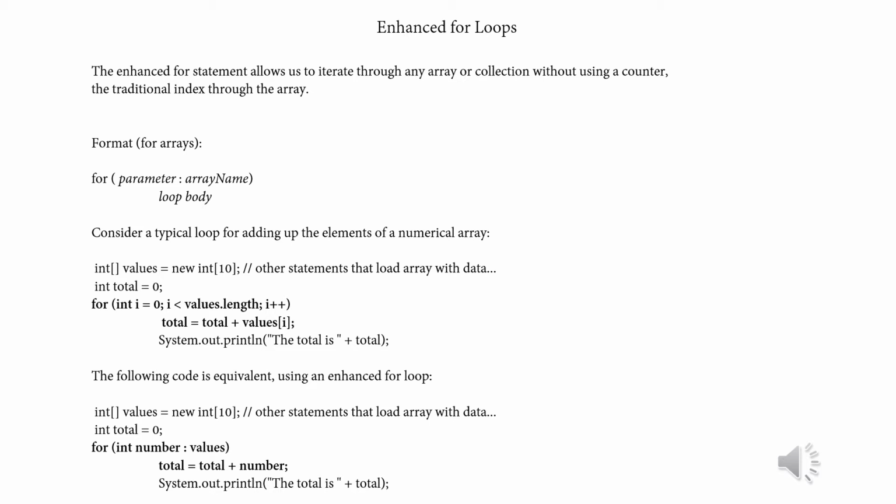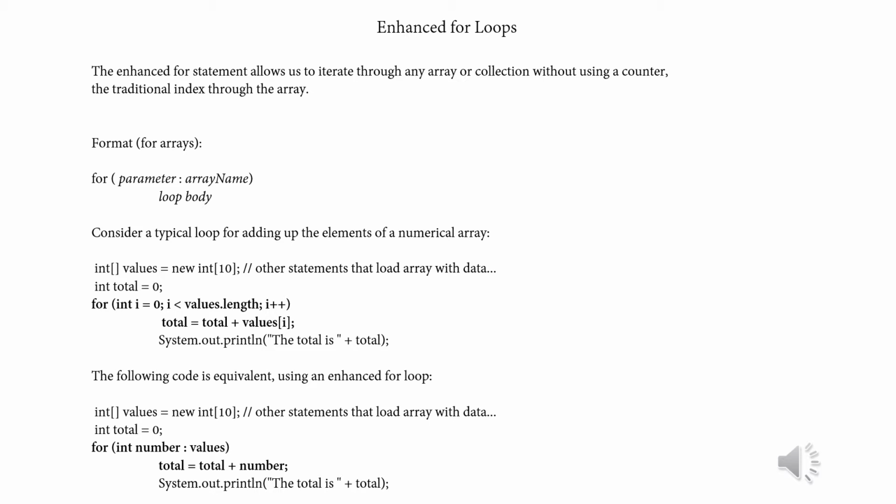There is another way to do this task, and that's by using the enhanced for loop. By using the enhanced for loop, you do not need to use the counter. You can iterate through any array or any collection, right?